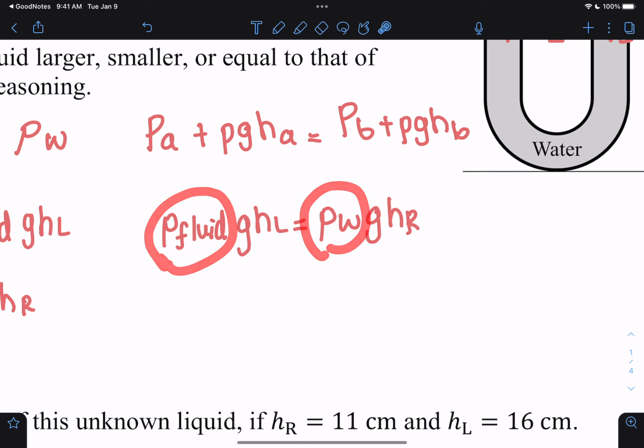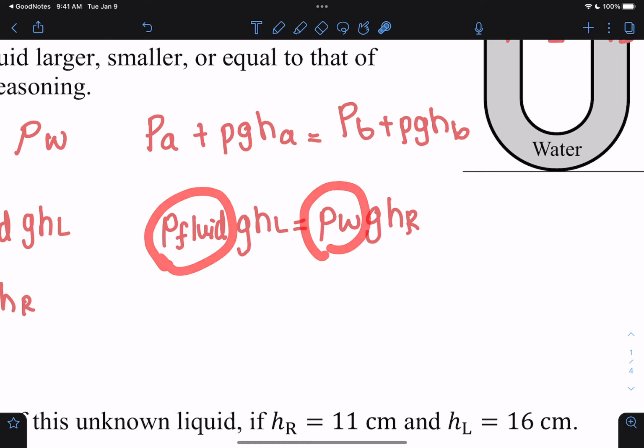How are they different? If we increase this and decrease the height on the right, then in order to maintain the same pressure, for the values to be equal on the same side, this is just basic math.